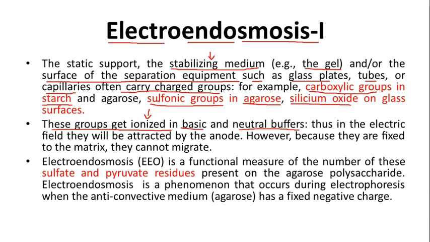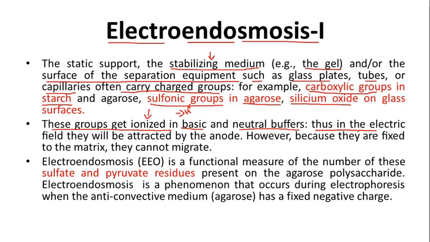Those groups donate H plus ions, especially carboxylic groups, sulfhydryl groups, and silicon oxide. After this ionization, the groups become carboxylate ions, sulfhydryl ions, or silicon oxide ions.